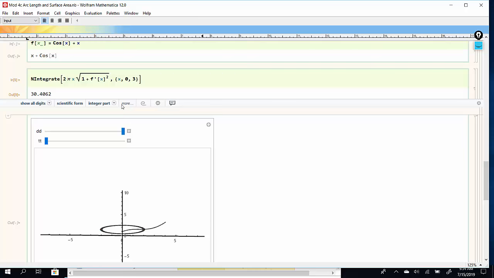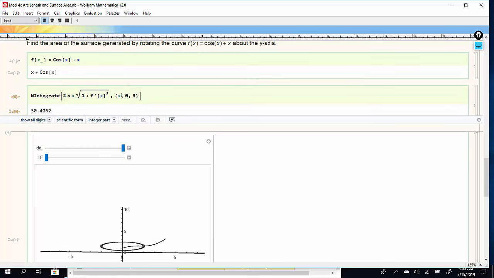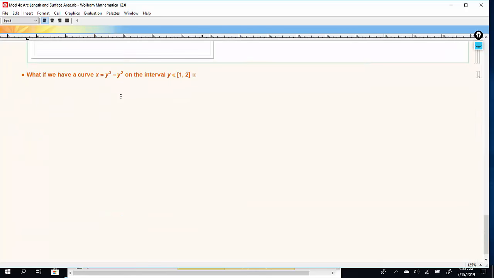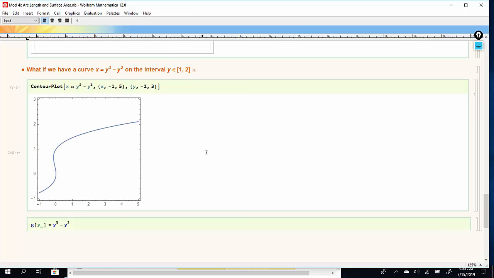Lastly, you might be wondering, what happens if I don't have y as a function of x, but rather I have x as a function of y? So here's a different curve, and this curve fails the vertical line test. That means I can't represent it as y as a function of x. So in this case, I'd want to use a different representation for my ds.